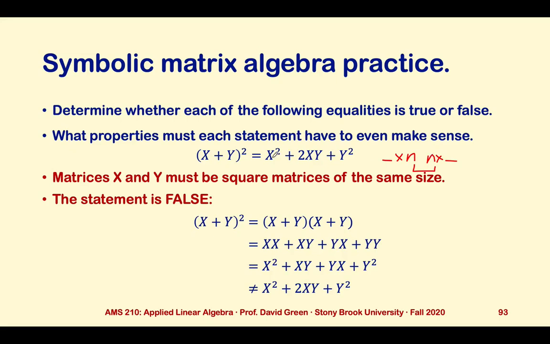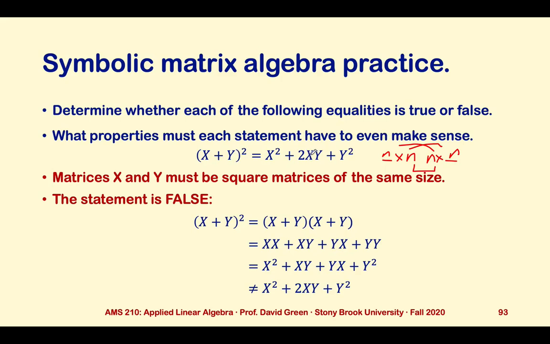If we have something like X for both of them, then this n means we have to have an n here, and this n means we have to have an n here. We have a square matrix. We're also taking addition, which means they have to be of the same size for addition to make sense.